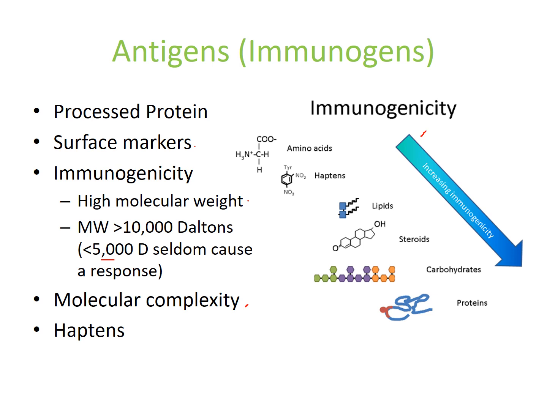But if you think about it as maybe the size or the weight, I don't know. Amino acids are very small, and haptens are very small. They have very low immunogenicity. And as you move down, you get to larger and larger molecules, steroids, carbohydrates, and proteins. The immunogenicity increases. So yes, I think this cartoon is upside down.